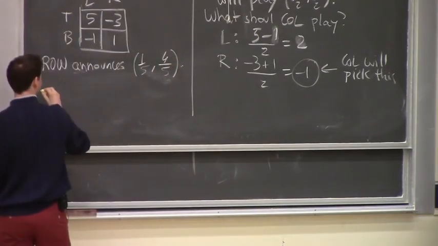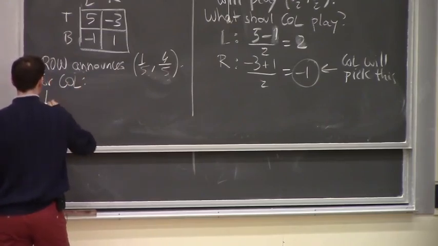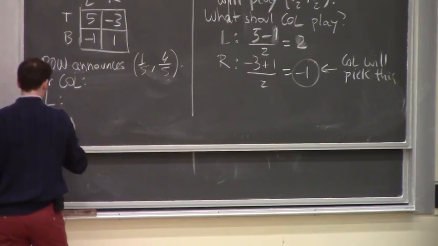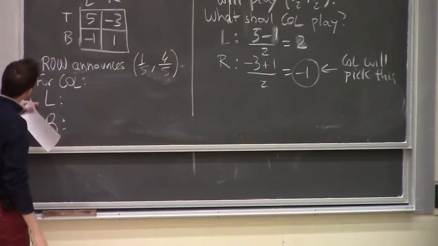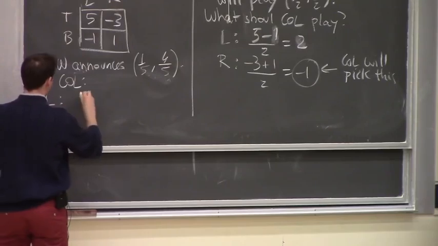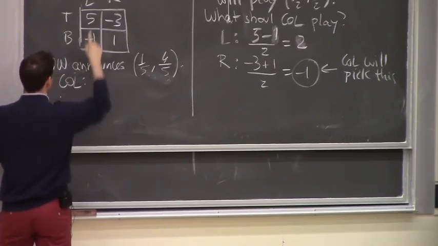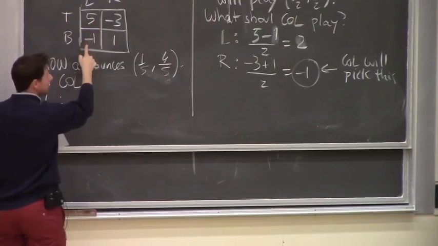Then column could either do left or right. In the case of left, it would be 5 with probability 1 over 5 and minus 1 with probability 4 over 5.